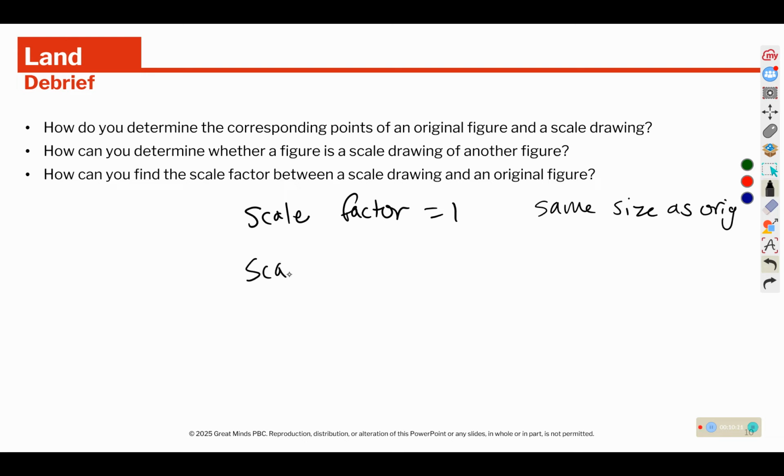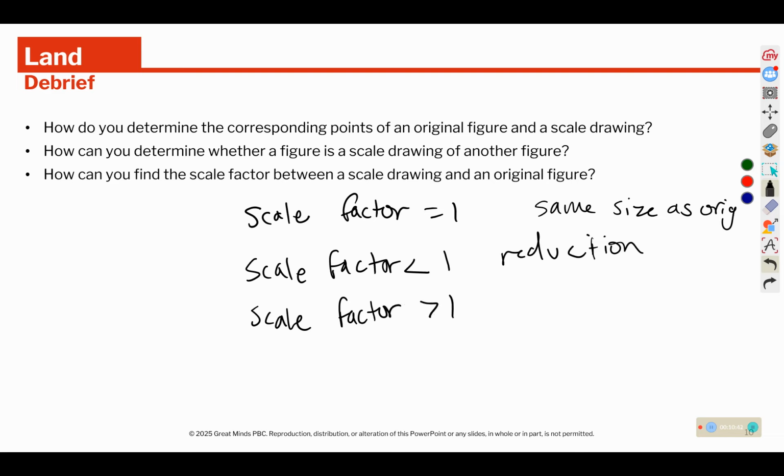A scale factor that is smaller than 1, less than 1, would be a reduction. You're reducing the size. And a scale factor greater than 1 would create an enlargement.